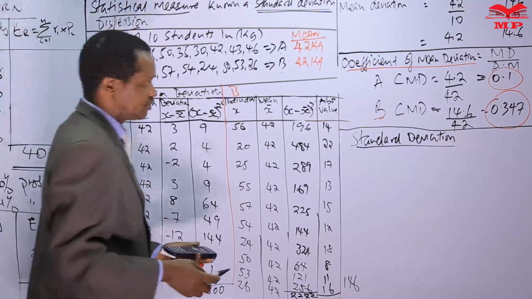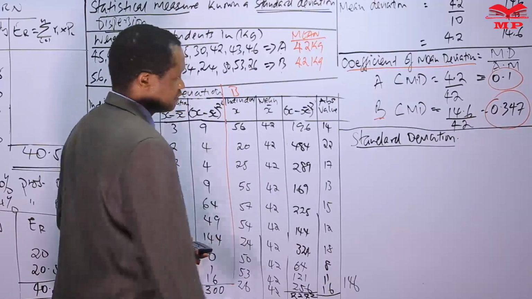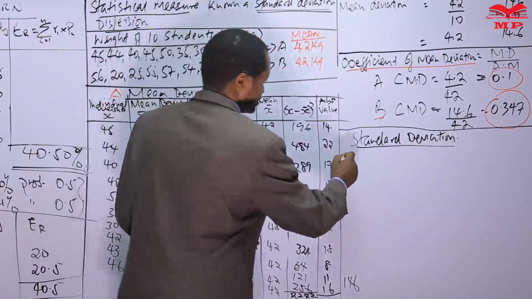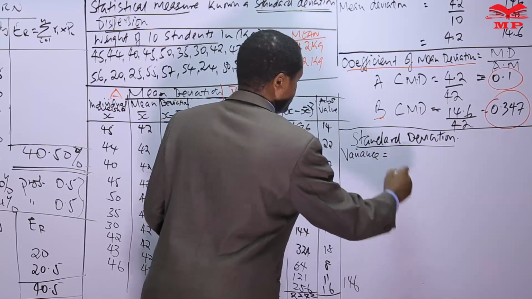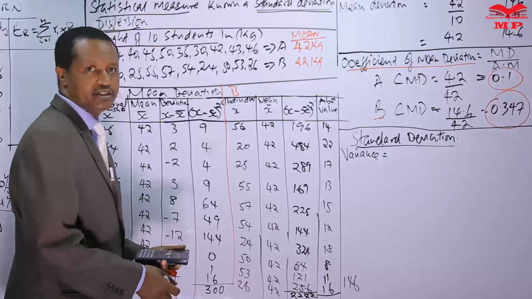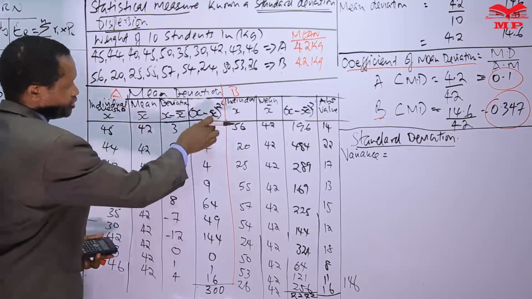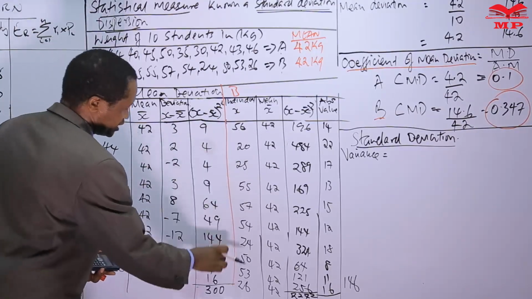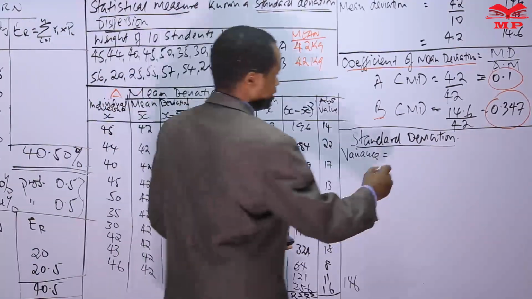Then, before we determine the standard deviation, we can first of all calculate the variance. Variance will be equal to the mean of the summation of the squared deviations.